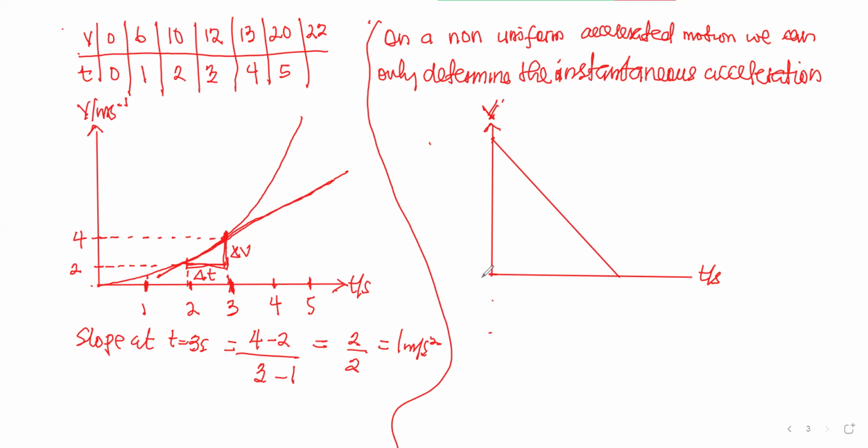So these values, V is 0 here, maybe 2, 4, 6, 8, and then maybe 10.